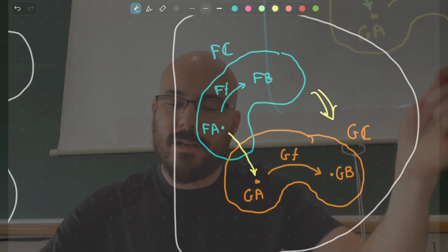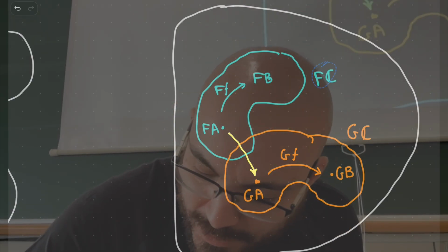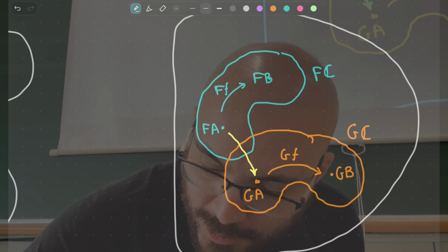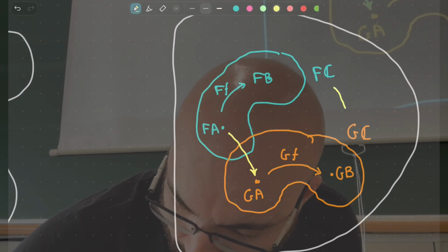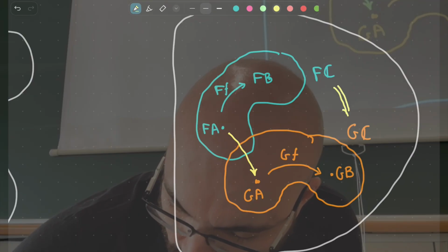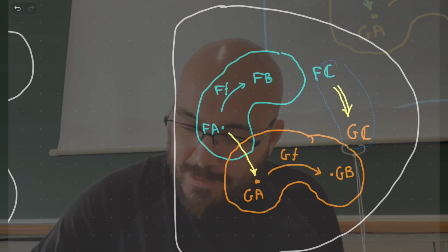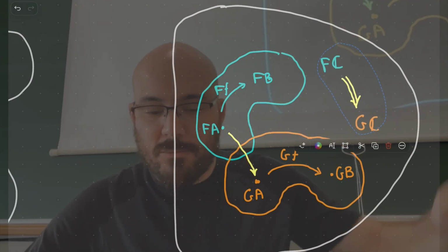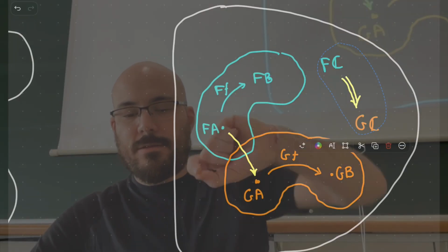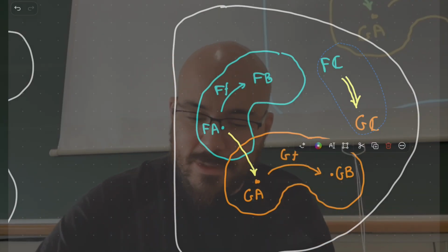Let's draw the things and then see what we need. I want to somehow transform the blue thing into an orange thing. So I will definitely need to map F of A to G of A. F of A will move and go to G of A. What else should happen?